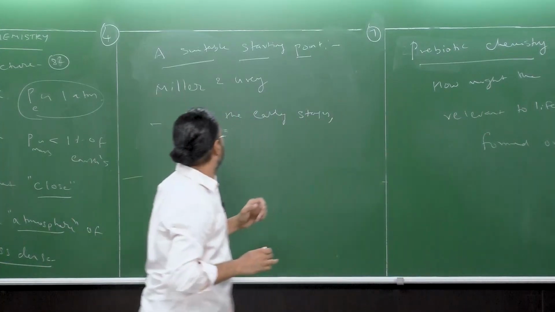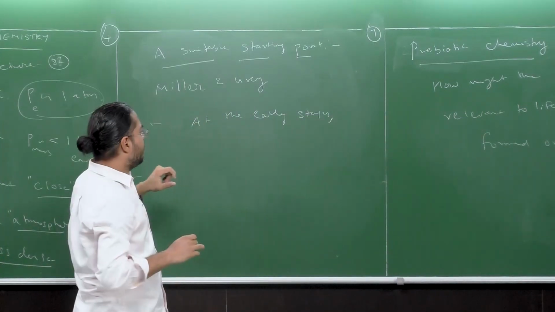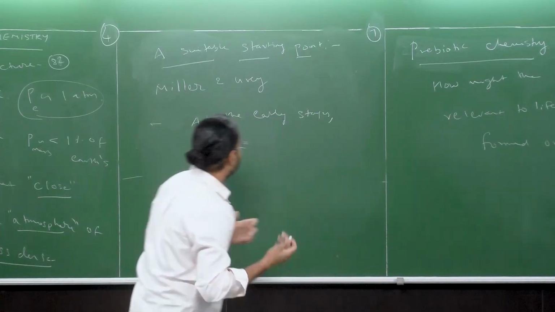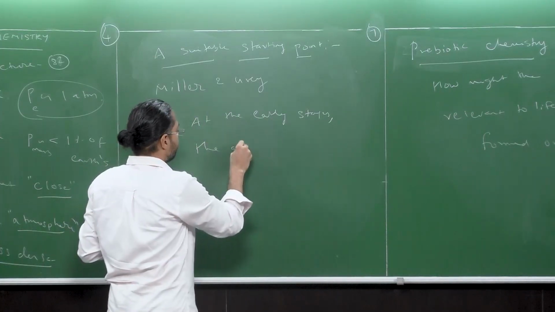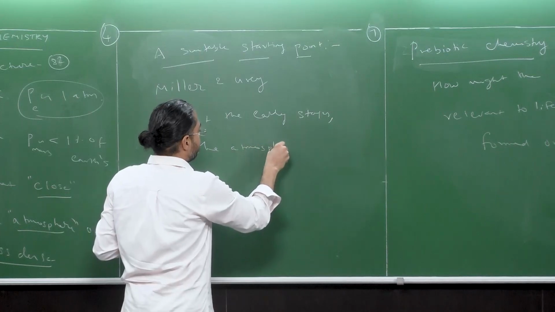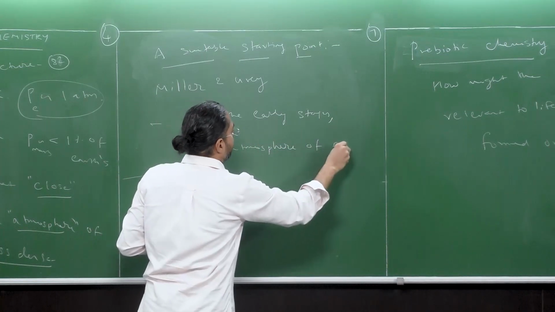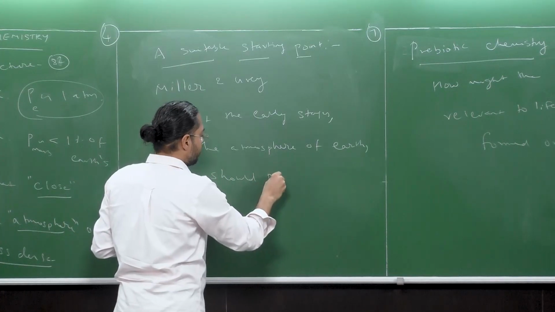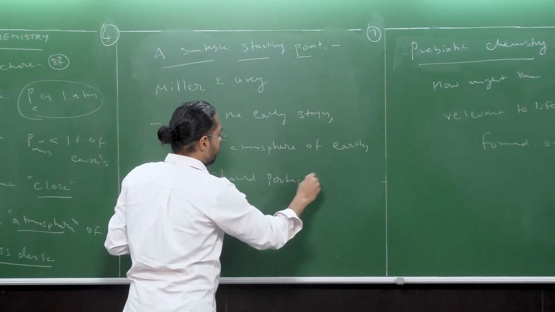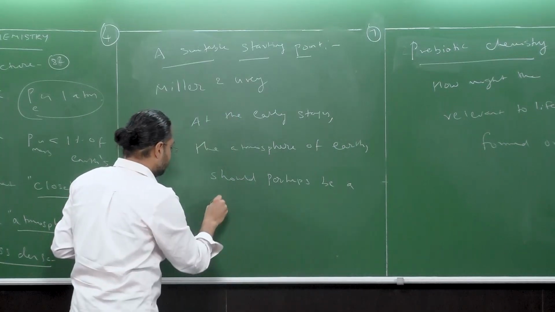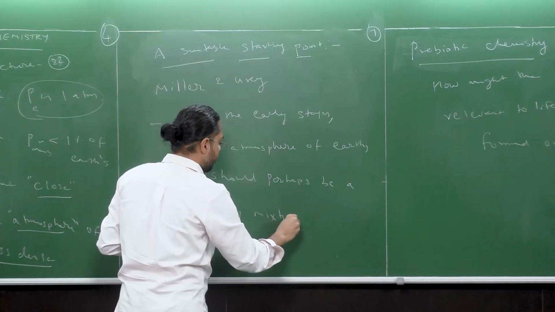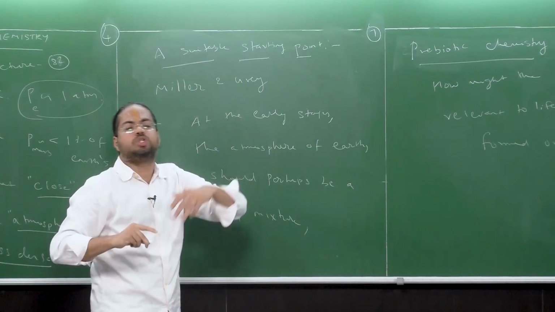Because all the planets were formed simultaneously, the atmosphere of Earth should perhaps be a gassy mixture similar to, say, something like Jupiter.